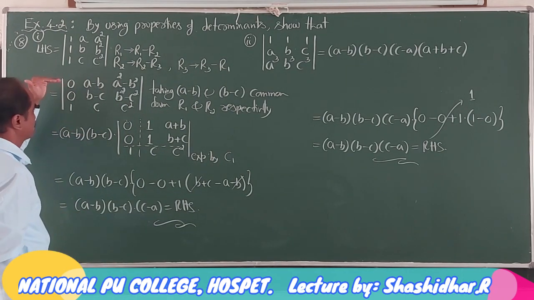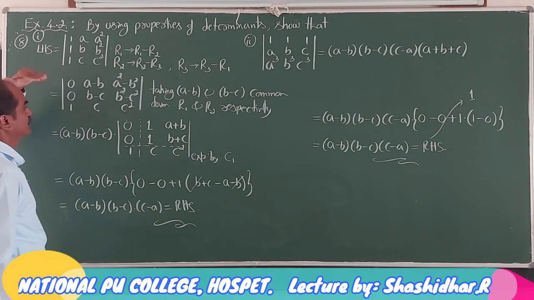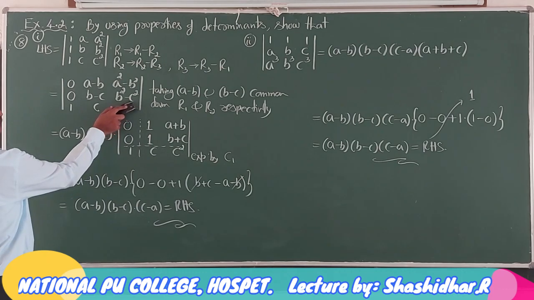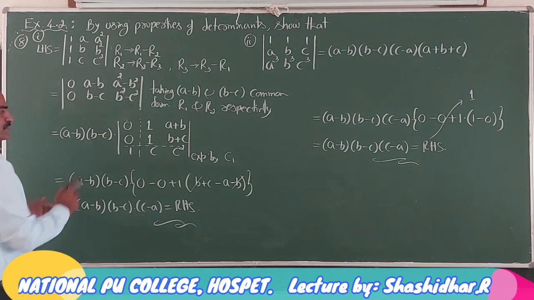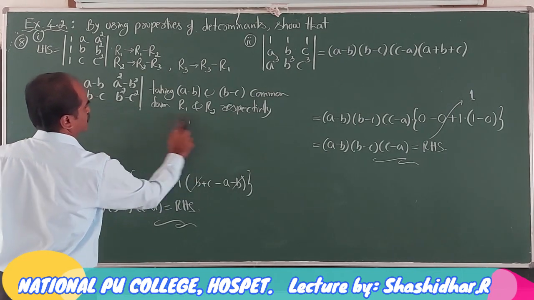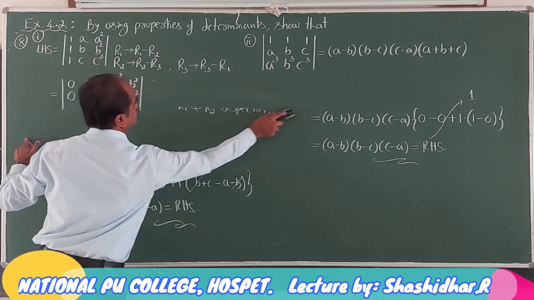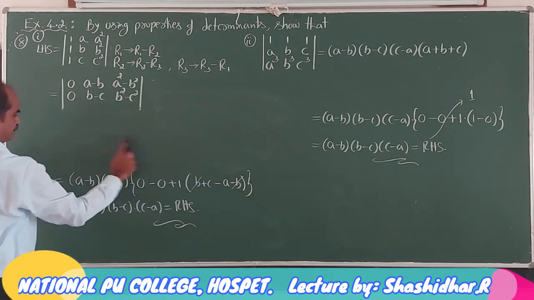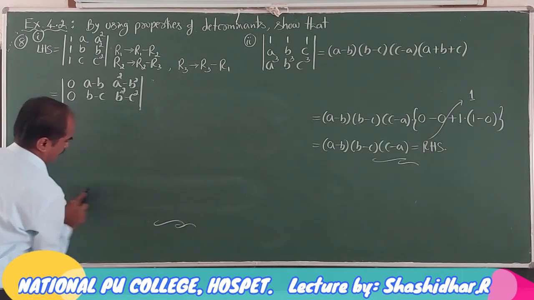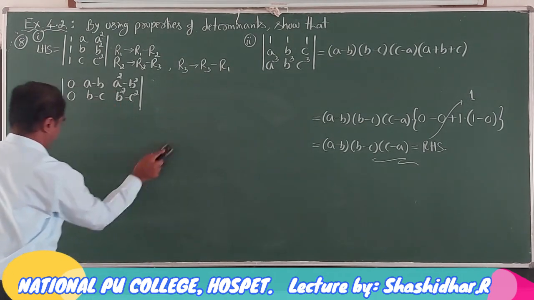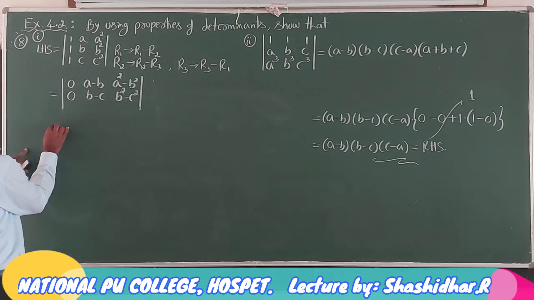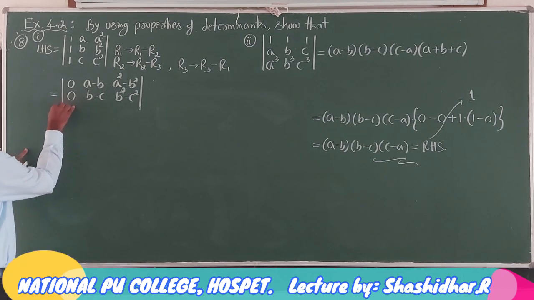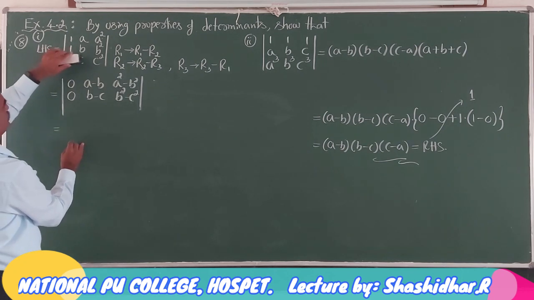If I do this, then what are the third row elements now? Shall I write like this?